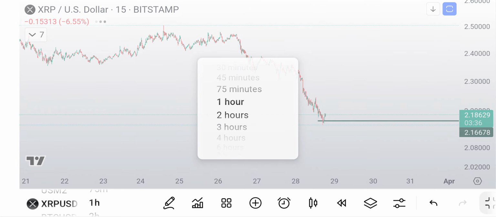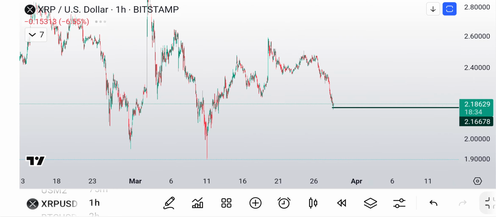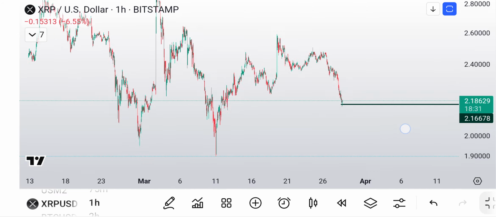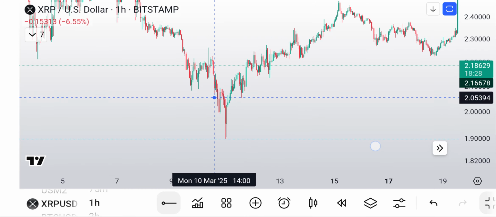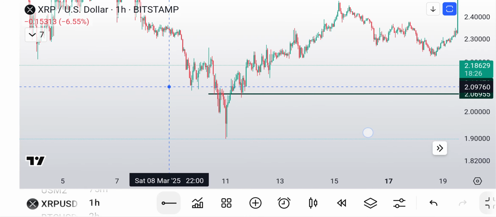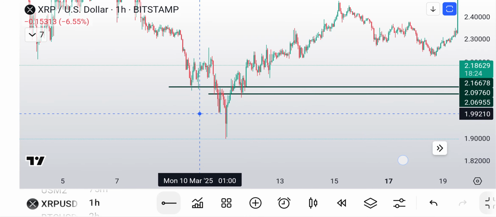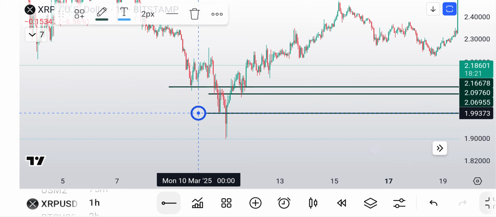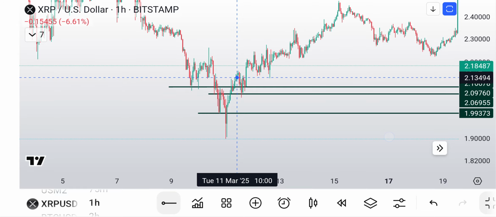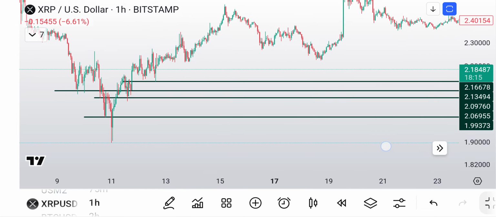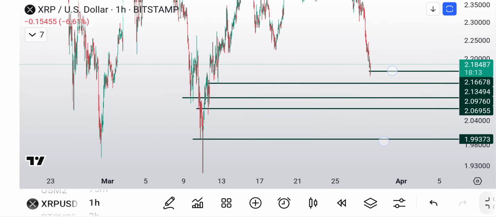So I'm not completely confident that this low is going to hold at 216. You got other areas too down here, like at 206, 209, 199, and 213 or 214.